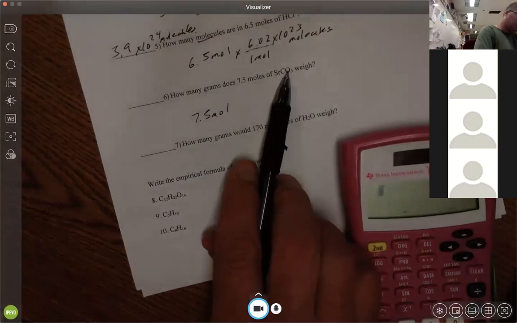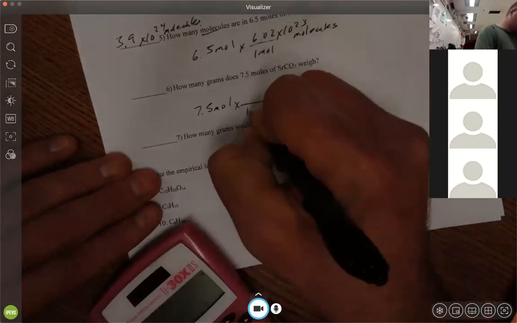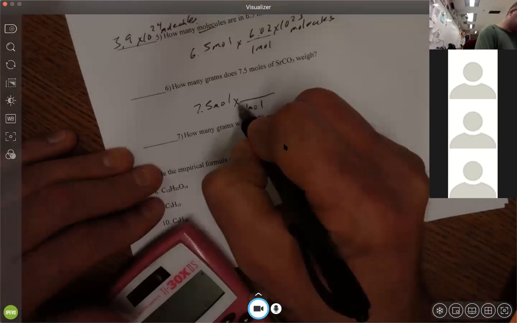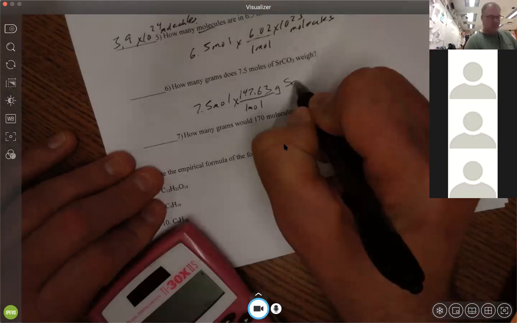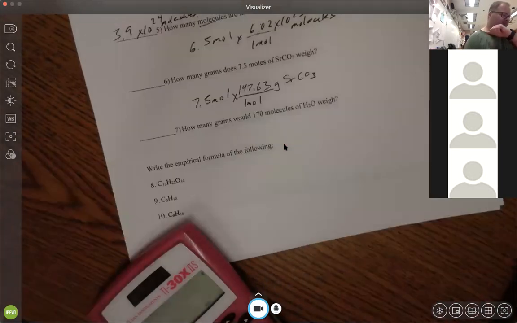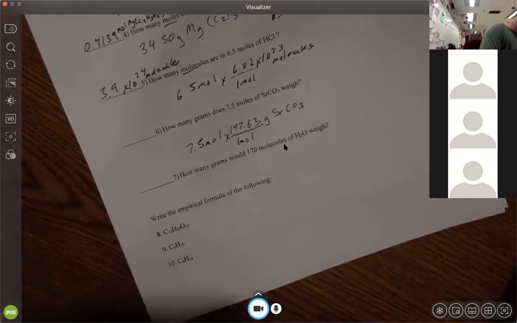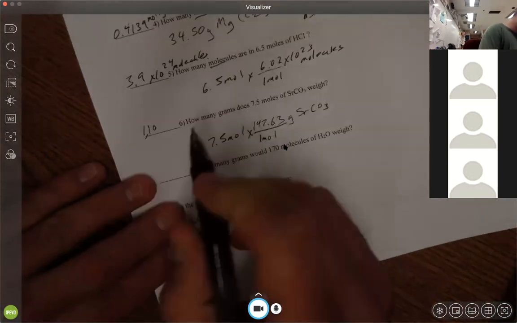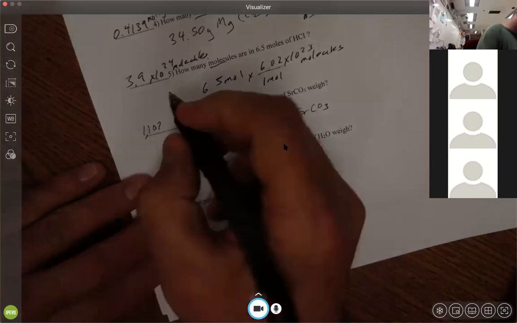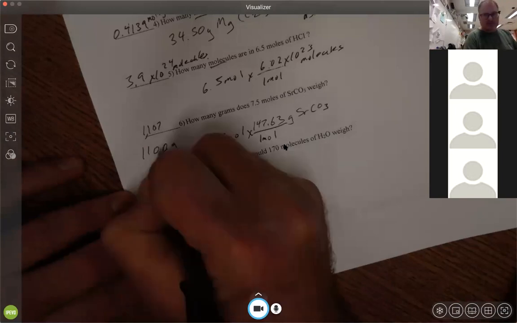It's 147.63. Every 1 mole of that is 147.63 grams of strontium carbonate. 7.5 times 147.63. It's 1,107.225. 1,107 is going to round to 1,100 grams. 2 significant digits.